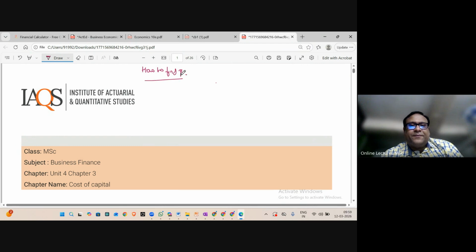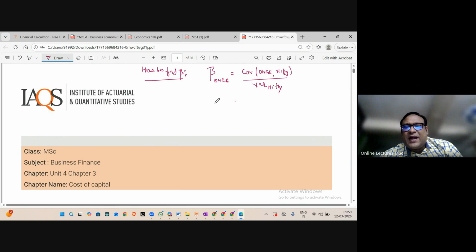Okay, so beta, guys, on screen, let's say beta of ONGC. It should be covariance of ONGC and Nifty upon variance of Nifty. Don't copy.